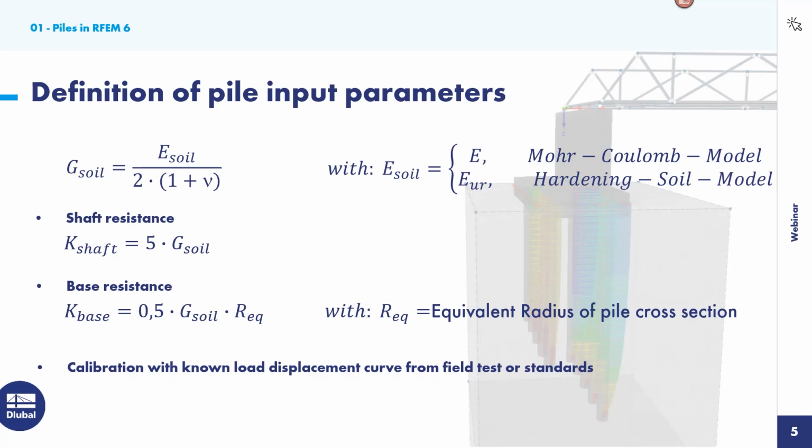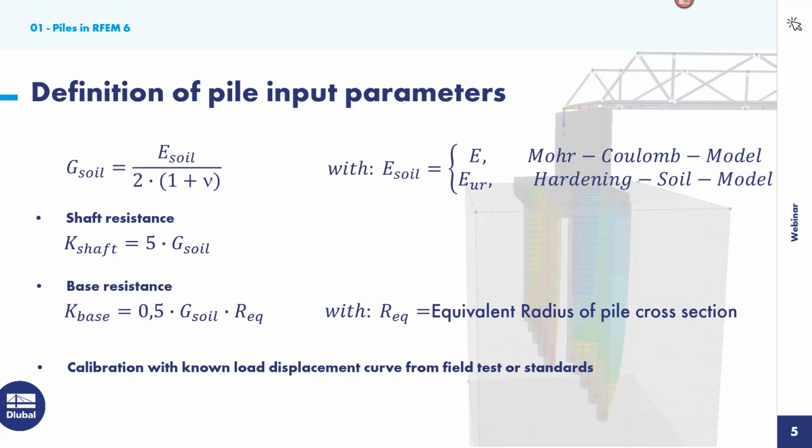Then the pile's behavior can be calibrated with the known load displacement curve from field tests or standards. So if you have a project, you have either field tests or you would consider a known load displacement curve from experience, and you can calibrate your single pile model so that it reaches the load displacement curve you expect or would need for your project.